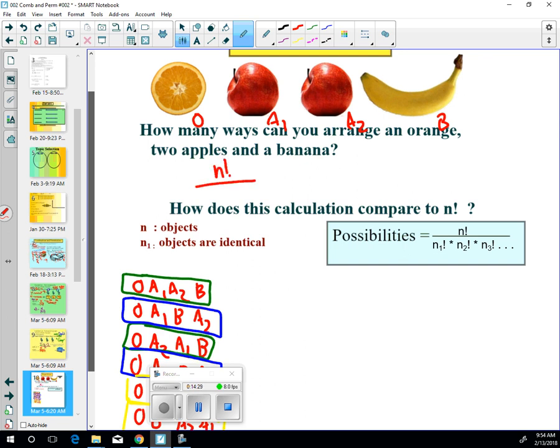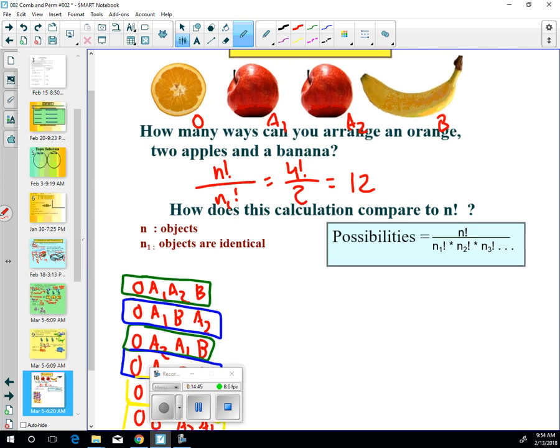In this case, it was 4 factorial over 2, which is 12. It's going to be a total of 12 different ways to organize those.